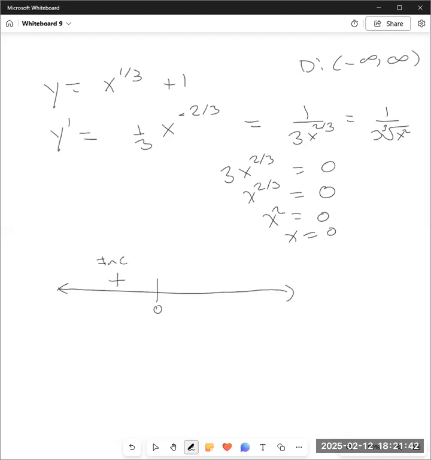When I stick in 1, 1 squared is 1, the cube root of 1 is 1, 3 times 1 is 3, I have a positive 1/3. This was 1 and -1 that I tested here. So it's increasing and increasing again.